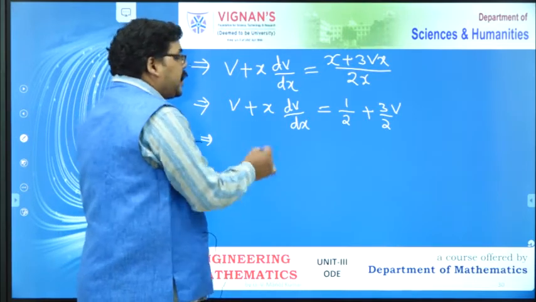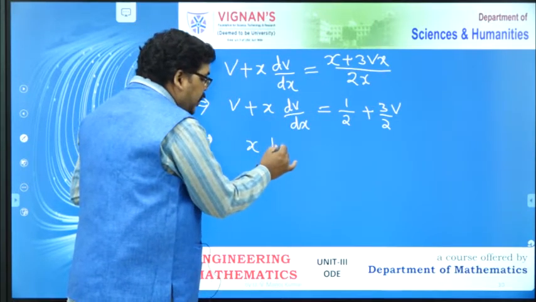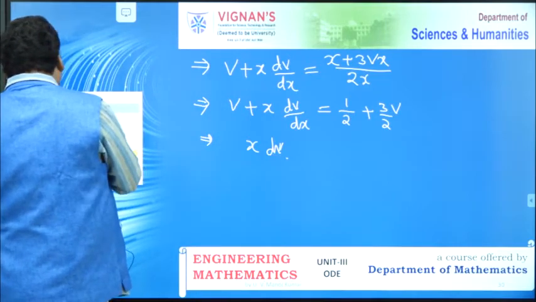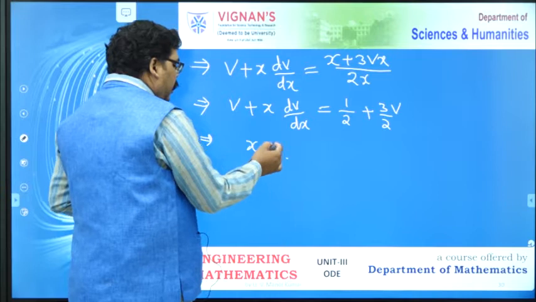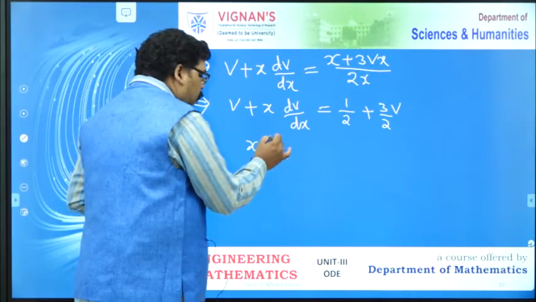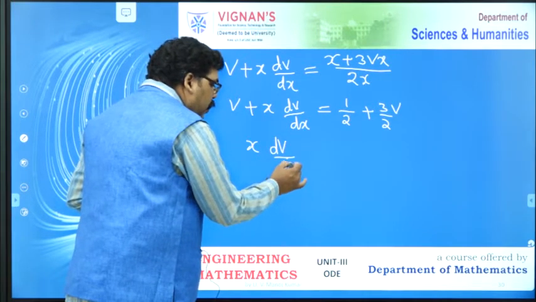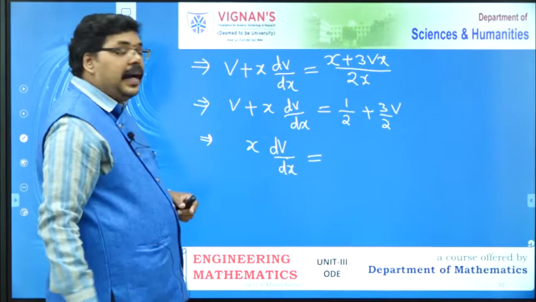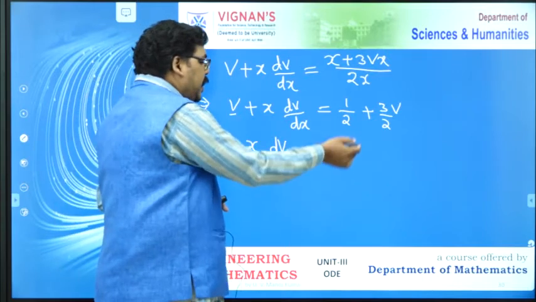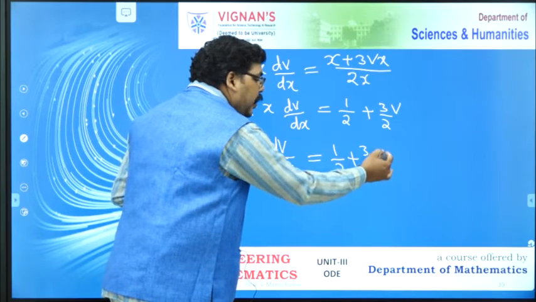So bring this v to the other side, x into dv by dx equals 1 by 2 plus 3 by 2v plus v.